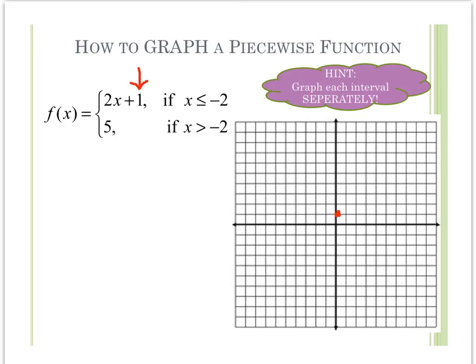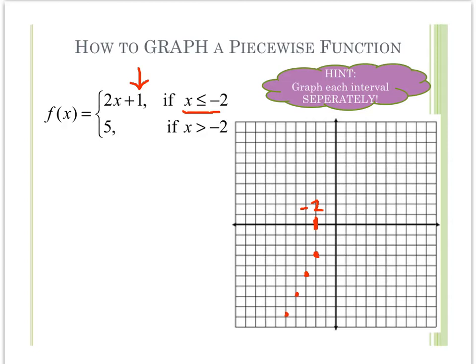Since I'm less than or equal to negative 2, I know I don't need to graph the things to the right of that red dot, so I'm going to go down 2 over 1, repeatedly. Now I don't need anything that is bigger than negative 2, so I'm going to erase these. Right there is negative 2, so I erased everything to the right of negative 2.